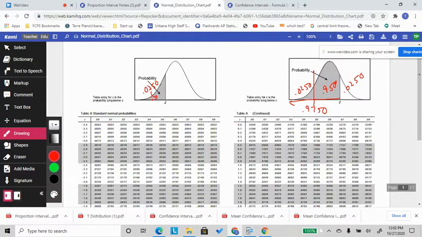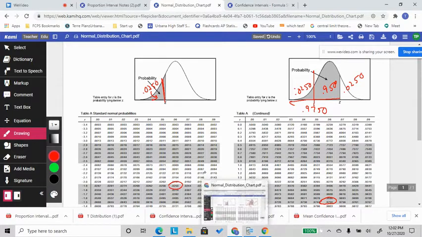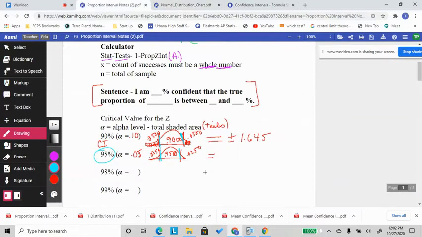I can look up the left side, which is just this, or I can look up the whole right side. Either one, if you go to the closest one, it's dead on. 9750 over here, negative 1.96, 250 over here. They're both 1.96. So plus and minus 1.96.